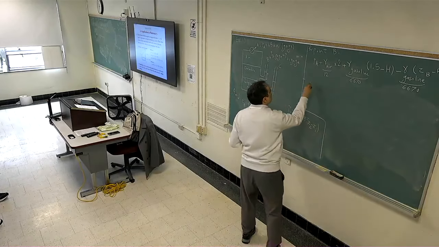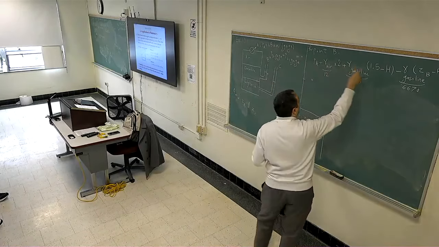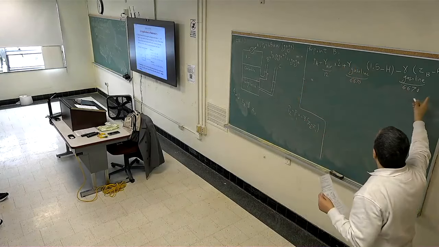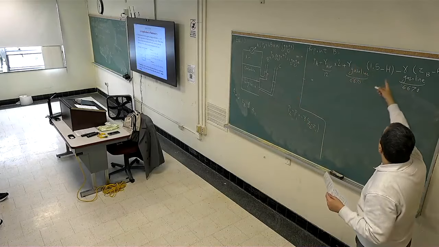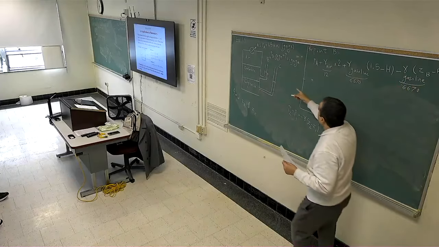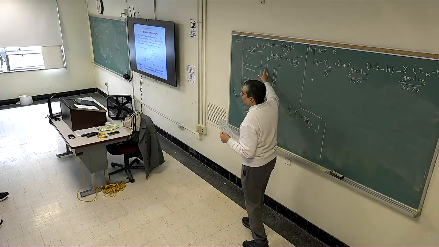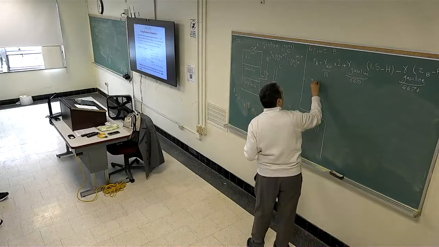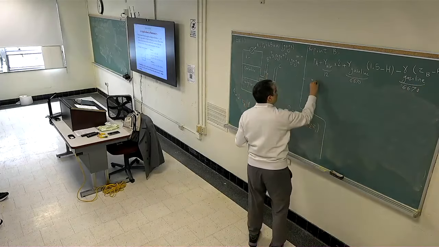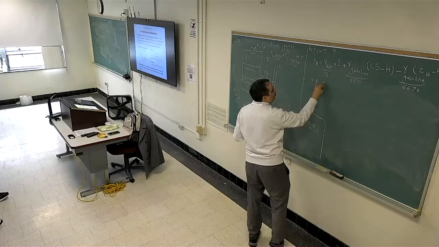Okay, how much is this one? When PA plus these terms is equal to PB. How much is PB? 0. This is equal PB equal 0.